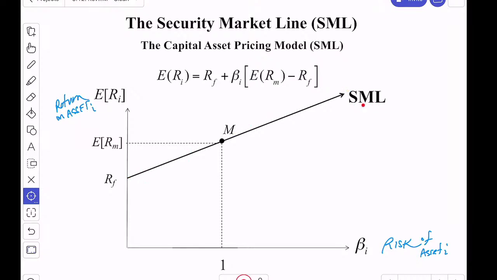This is called the security market line. And I have M here, the risk-free rate here, and I can imagine all possible combinations of risky and risk-free assets. Here I am lending, in other words, buying T-bills, and here I am short selling to extend the possible combinations.